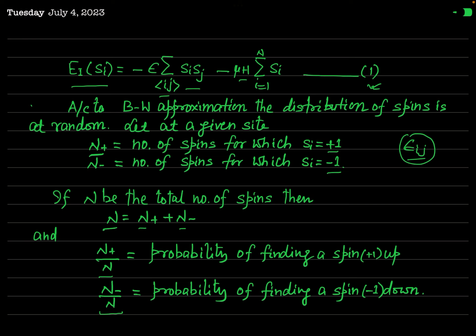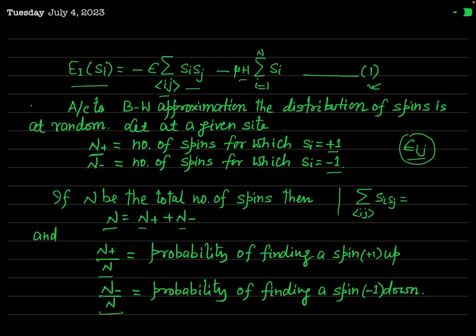You know that the summation over ij of SiSj, this pair of spins, represents a number which is equal to gamma n divided by 2.